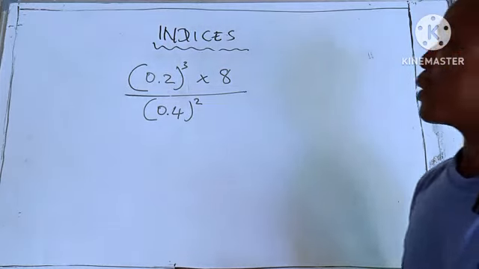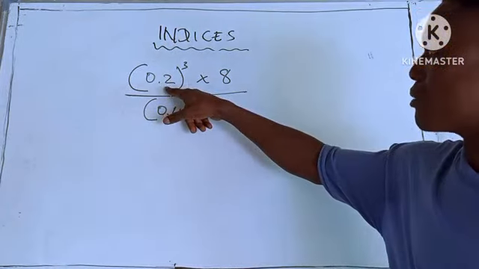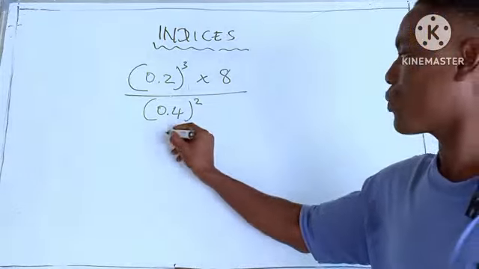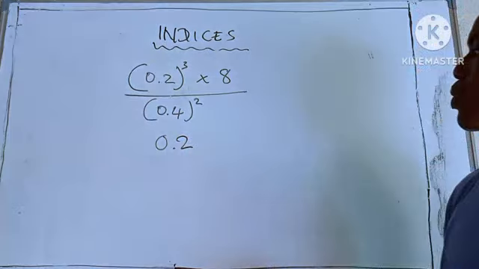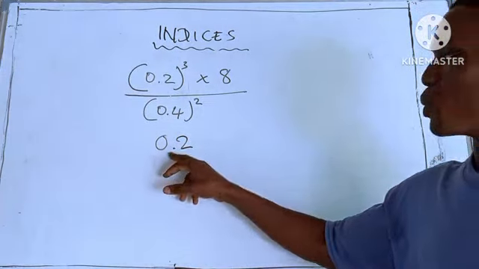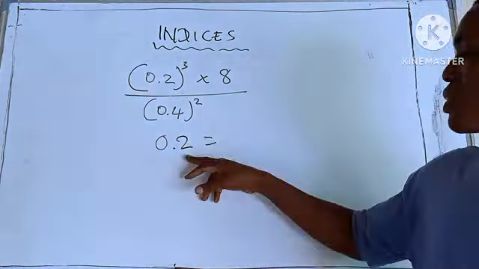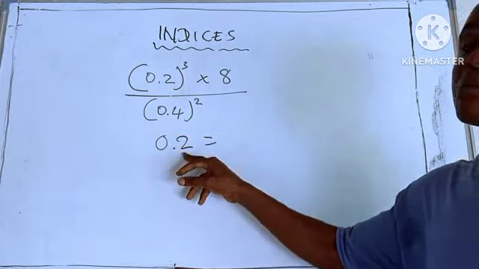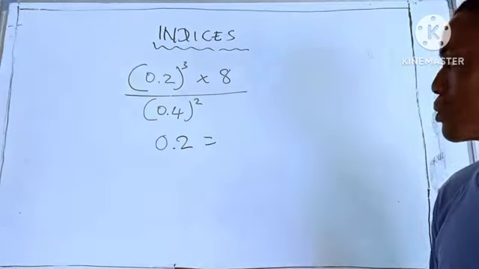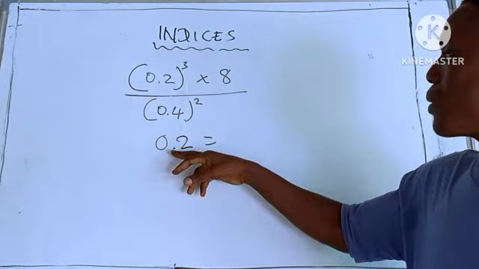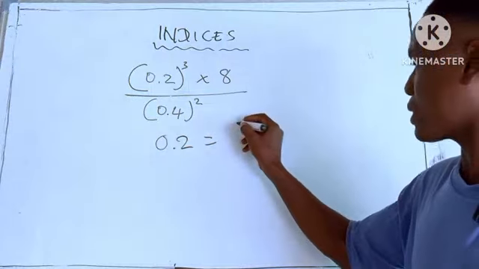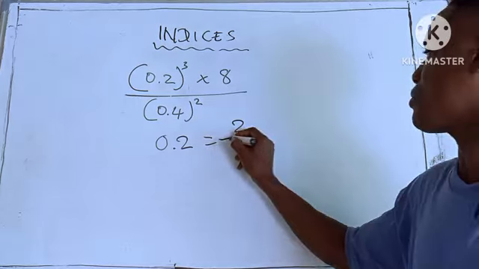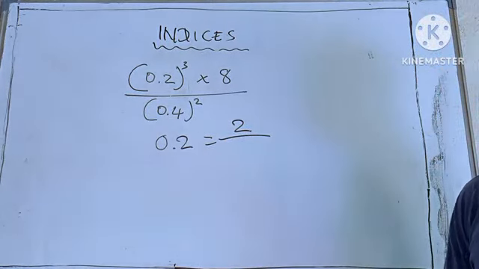Okay. So now look at it. Here we have 0.2, right? If you want to convert a decimal number to a fraction, what you need to do is just write the 2 here, then divide by what number is remaining?